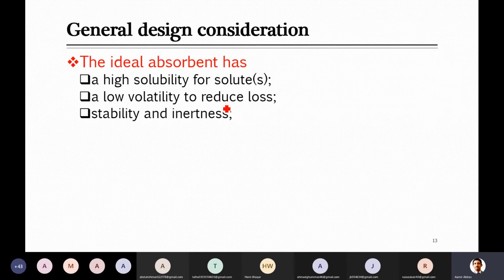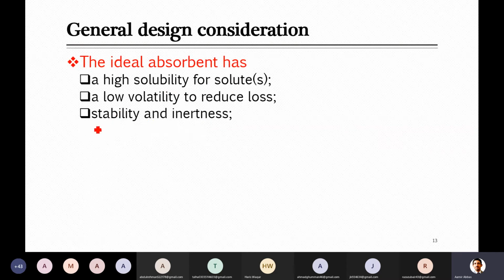So then it should be stable and inert. You may think that, as we already discussed, these absorbents react with those components, but it should react only with those components which you want to remove, not with the others which you don't want to remove.